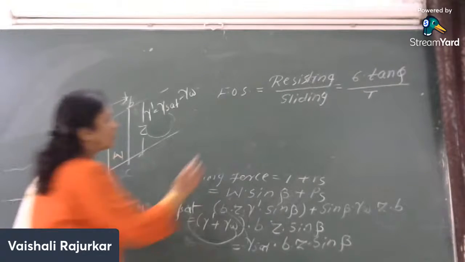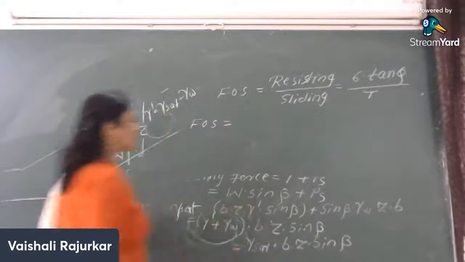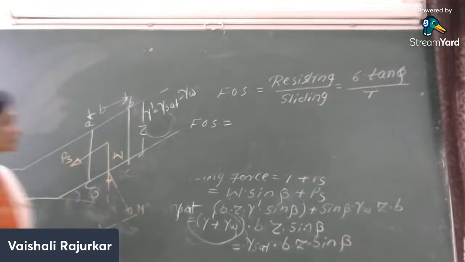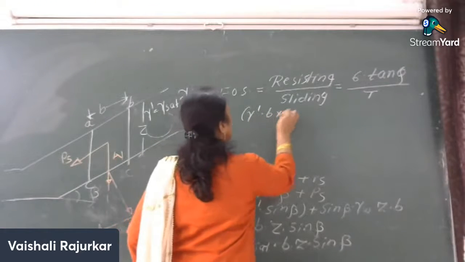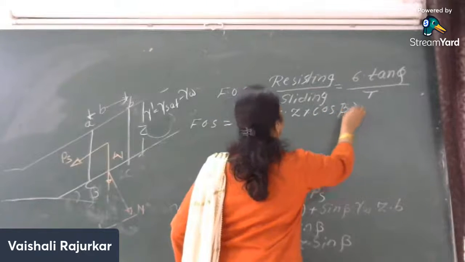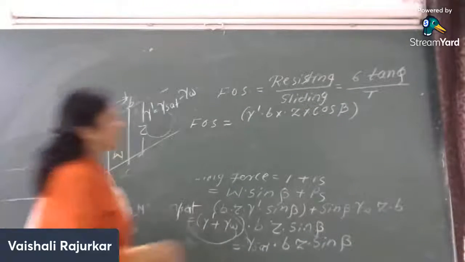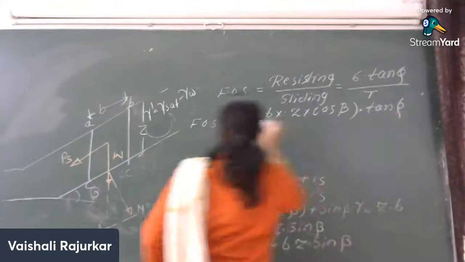So what is the value of sigma then? Sigma we have already discussed, that is gamma submerged into B into Z into cos beta, into tan of phi.